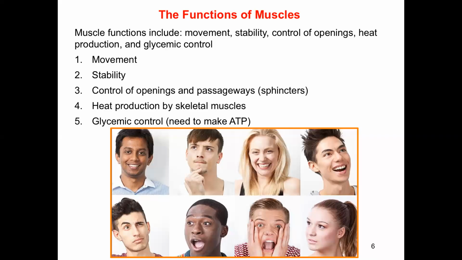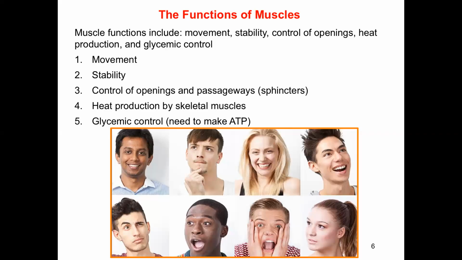All right, heat production, right? So if you're shivering, the reason you're shivering is you're generating heat. And then a huge part in glycemic control, so the control of blood glucose levels. Muscle, since it's active, it needs a lot of ATP. So one of the easiest ways to generate energy from food is using glucose.